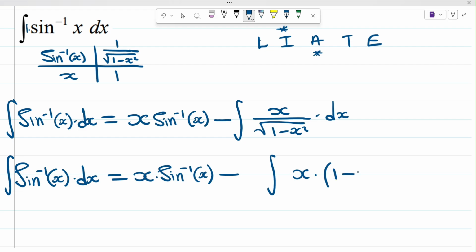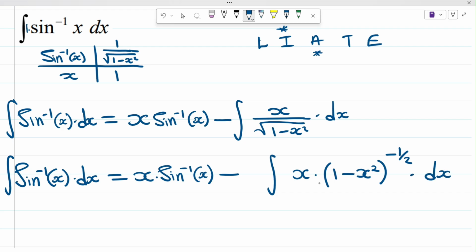This is going to be 1 minus x squared. I'm going to take that one up. The first thing is to take the square root up. So it's going to change, of course, the exponent. If I rewrite it in exponential form, it's going to change the sign of the exponent. So that's going to become negative 1 over 2 dx.